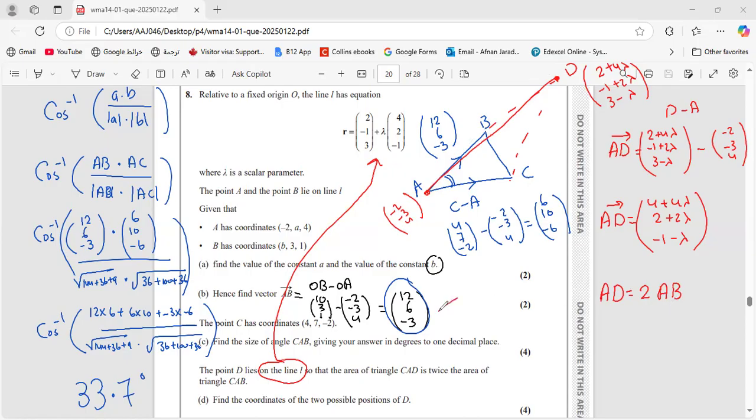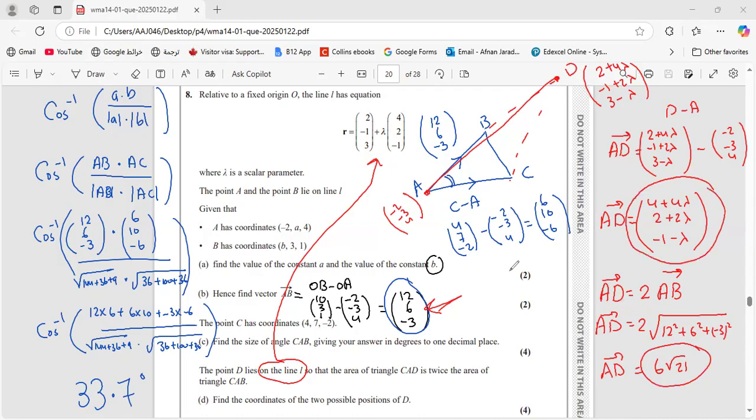AB equals what? AD equals 2 multiplied by the magnitude, the square root of 12 squared plus 6 squared plus -3 squared, which equals 6 square root of 21. So AD equals 6 square root of 21, and also AD equals this vector. How can I find this vector? By finding lambda. Lambda equals what?